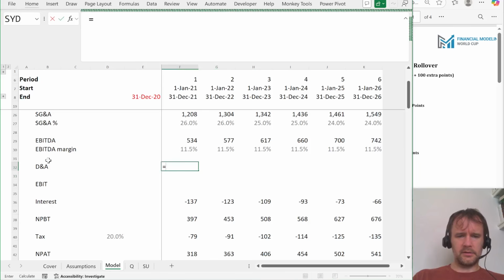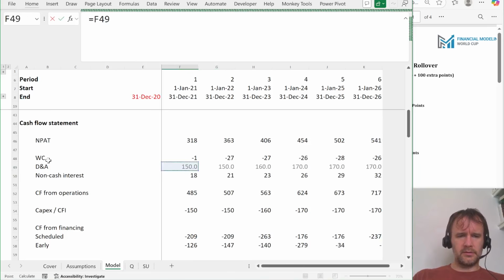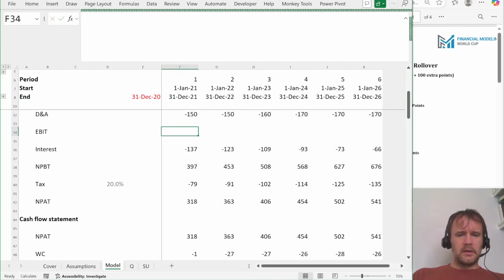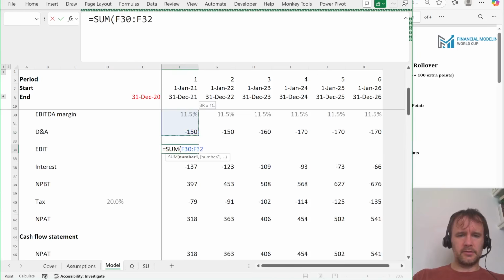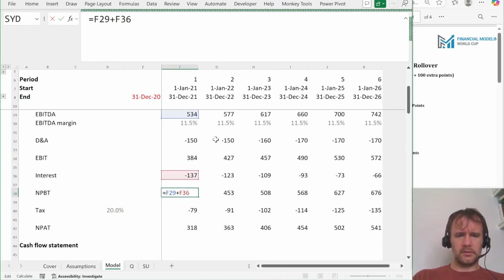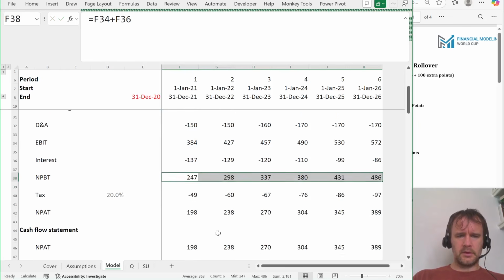So D&A is going to be, wherever it is, that minus sign. Silly mistakes. Anyway, oops, all right, I can't do that, so let's just do equals this plus this, and then this can point to there. That seems altogether more sensible.